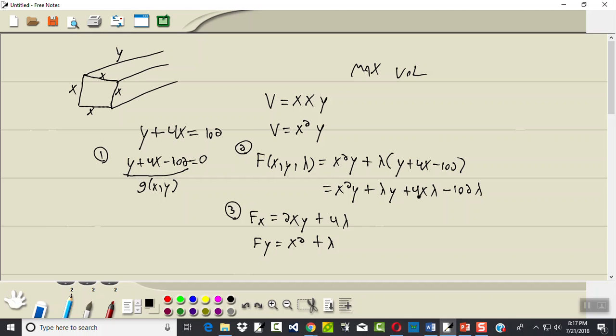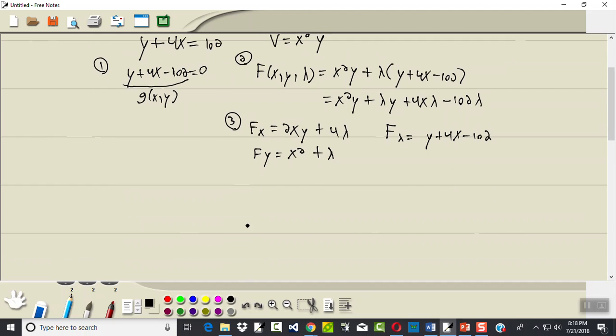There is no y here, so that goes to 0. There's no y here, so that goes to 0. And interestingly enough, the partial with respect to lambda is always equal to our original constraint. So y plus 4x minus 102.